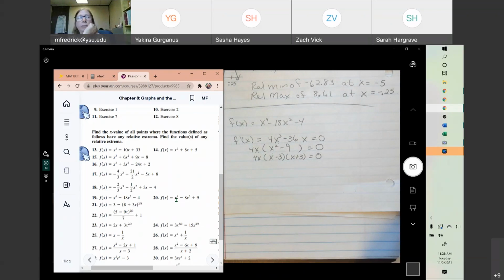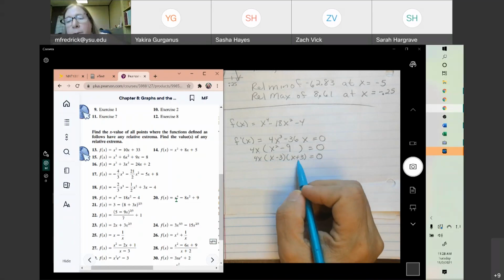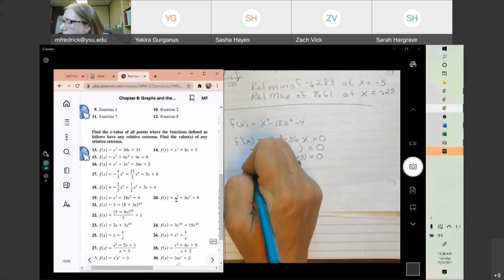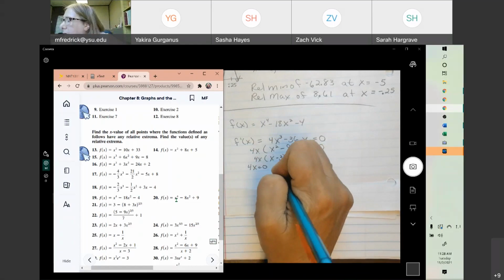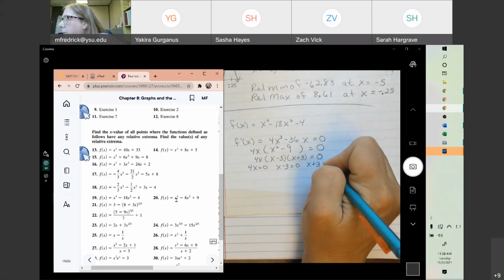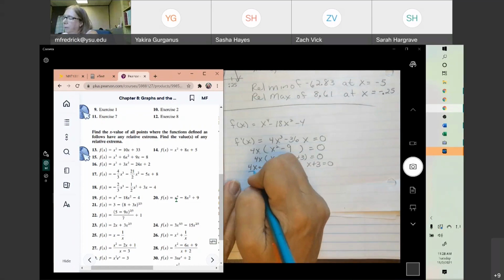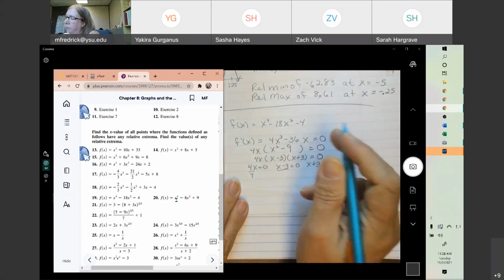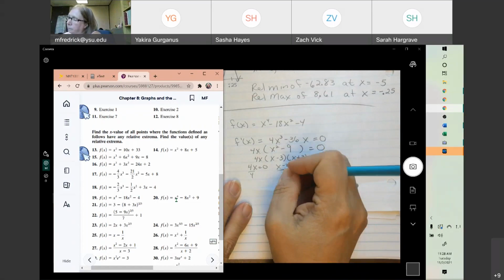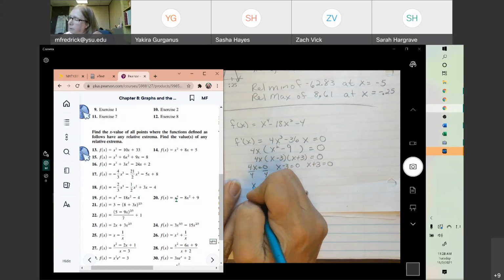Any questions so far? Once you have it factored, you could set each of these equal to 0. So 4x equals 0, x minus 3 equals 0, and x plus 3 equals 0. Divide by 4 and get 0.